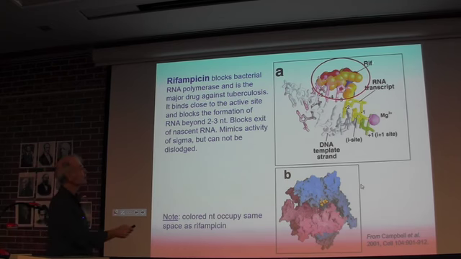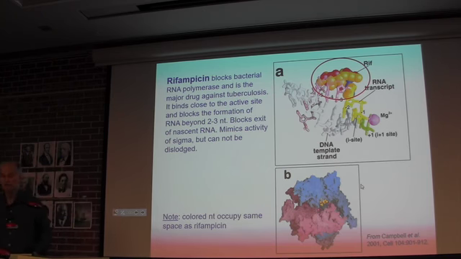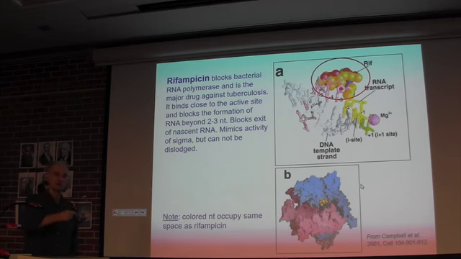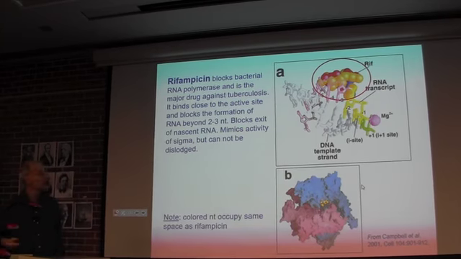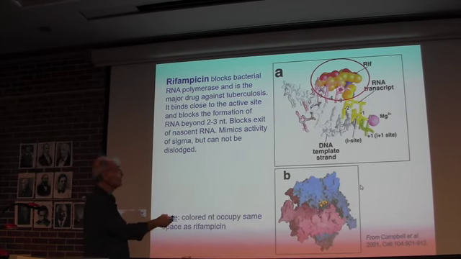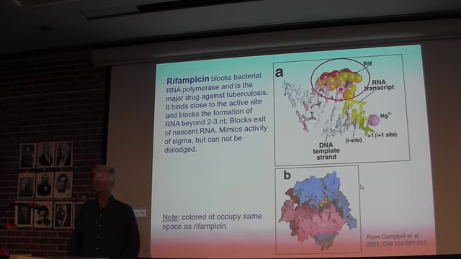Here's an antibiotic, rifampicin. It turns out it interferes with this process of the domain 3.2 interacting with the nascent transcript. In fact, it is a mimic of domain 3.2.